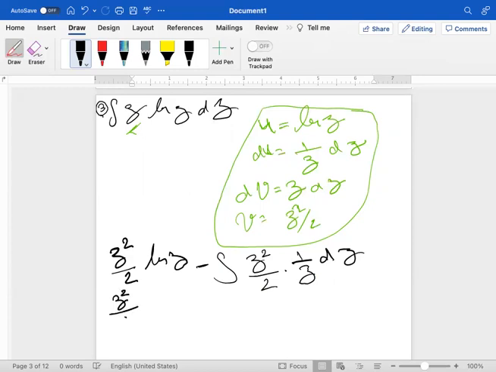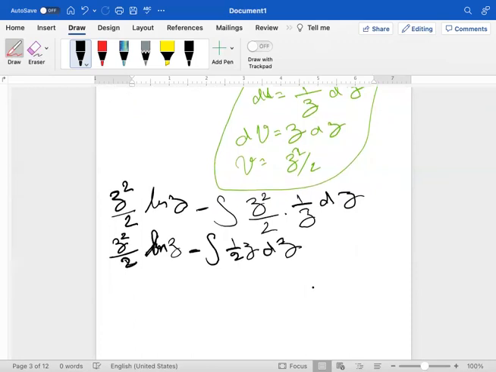So this becomes z squared over 2 natural log of z minus integral, z squared divided by z simply gives you z dz.